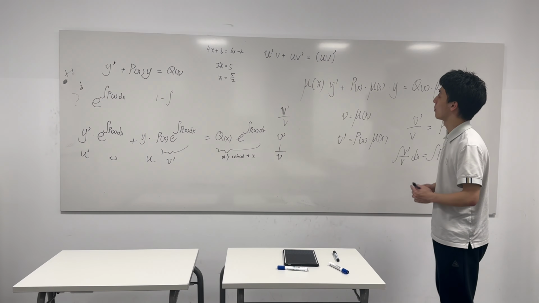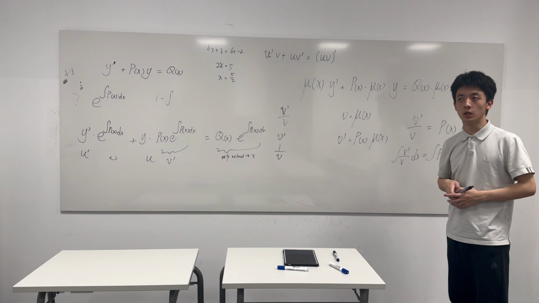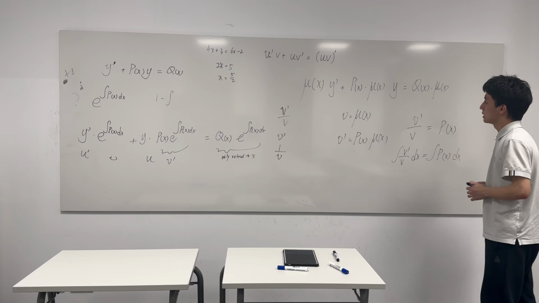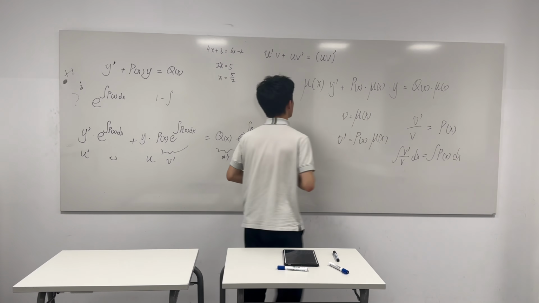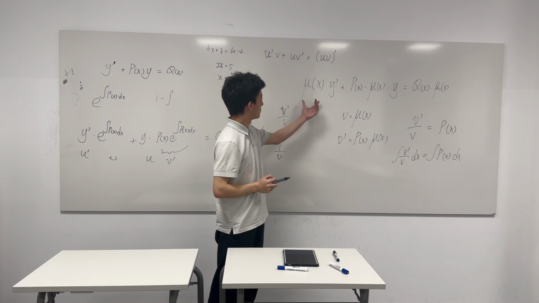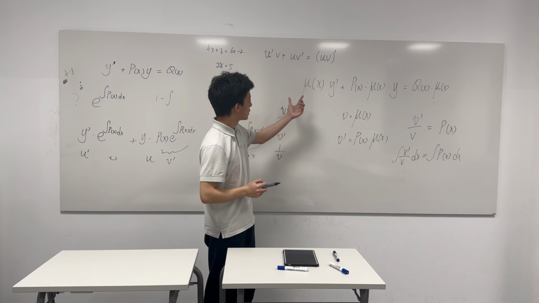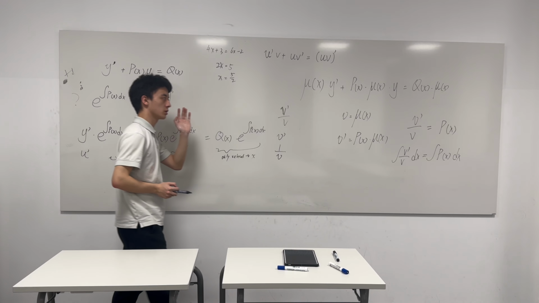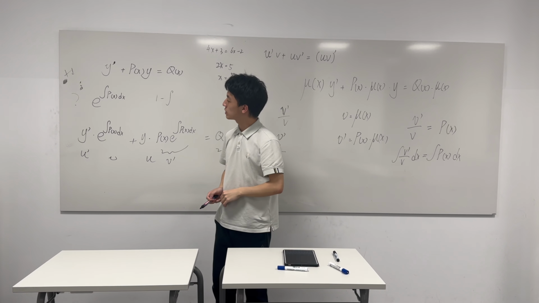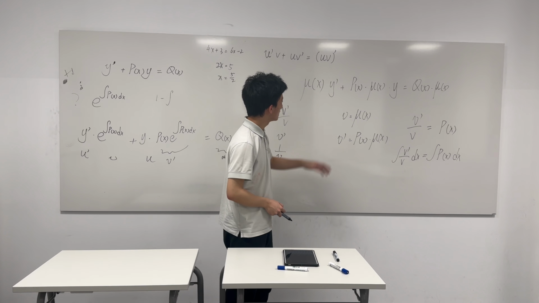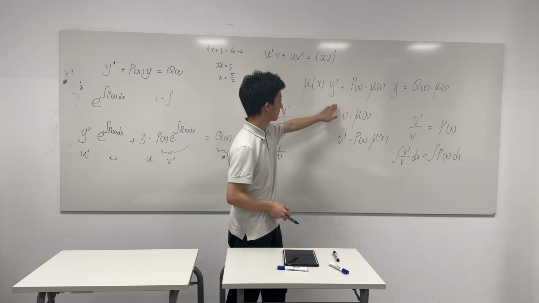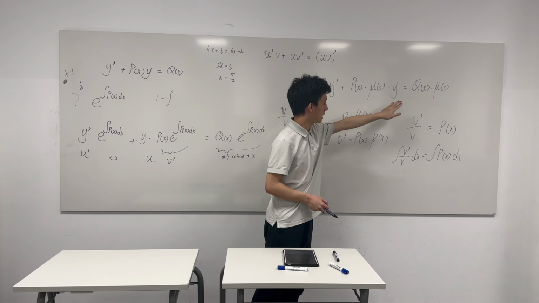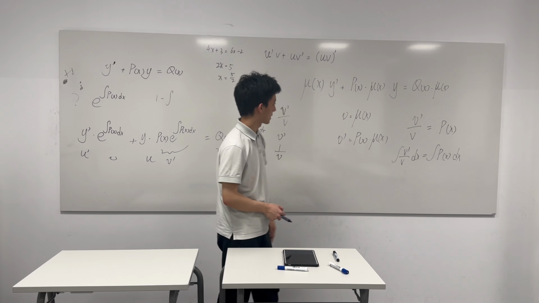Then we can calculate what y is. So let's assume this factor is mu x. We multiply mu x on both sides of the differential equation. So we get mu x times y derivative plus px times mu x times y equals qx times mu x.